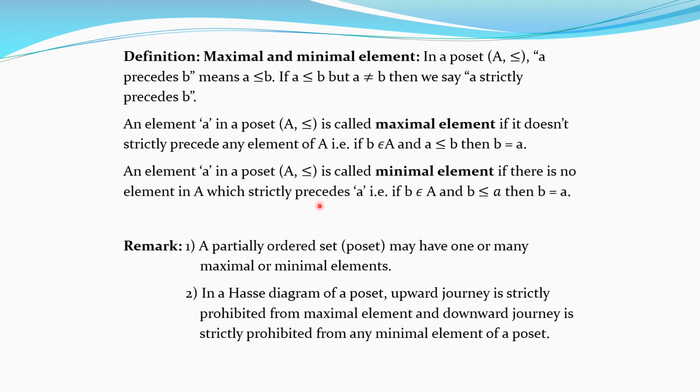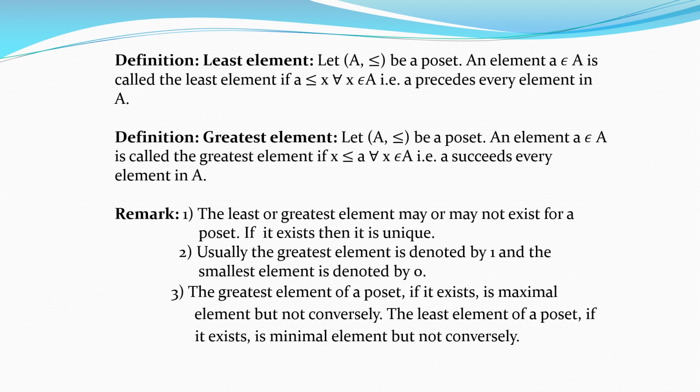Similarly, if A is a minimal element, it means there is no element in A which strictly precedes A. So, from A, downward journey is strictly prohibited. So, considering this remark, it is easy to find maximal and minimal elements of a given poset.